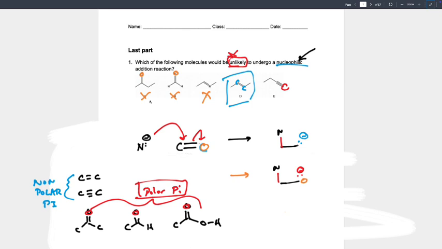That sets us up with the answer where D is the most unlikely to undergo a nucleophilic addition reaction. So there's a reason we've been defining language. There's a reason we've been defining electronegativities and properties of atoms, because you can now manipulate those things to get you answers without having to memorize the world of chemistry. With that, we're done.